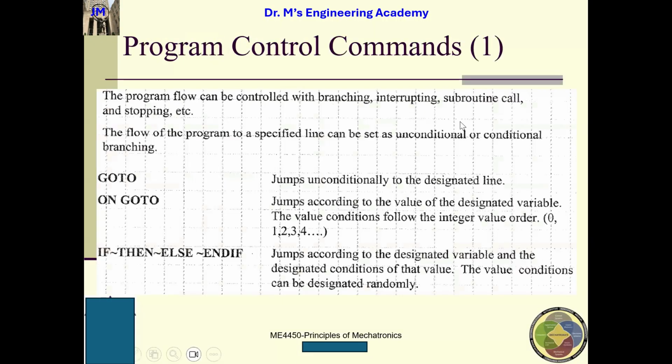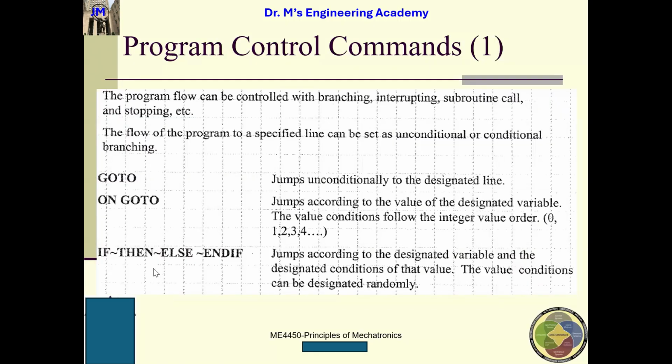So for program control commands, we have go to. On go to means that between on and go to there is a value, and you can specify the value to determine if some condition is met, and then you are going to go to somewhere instead of just executing all these commands one by one.